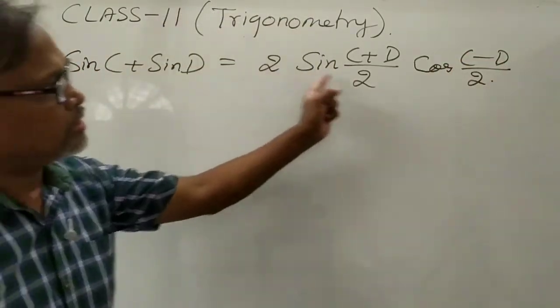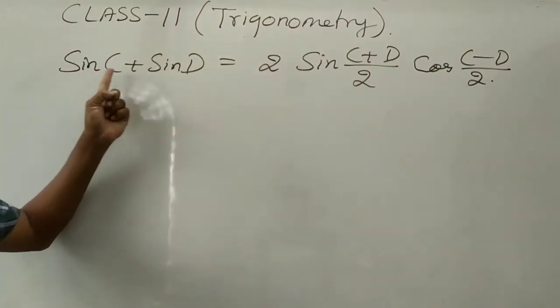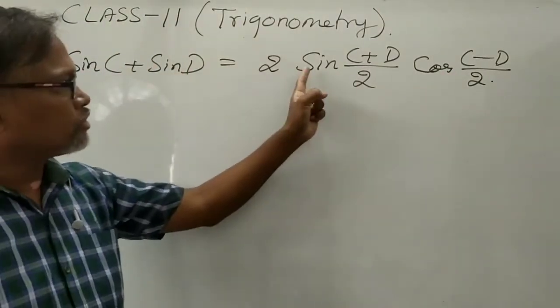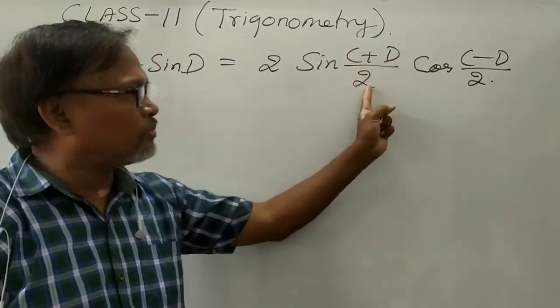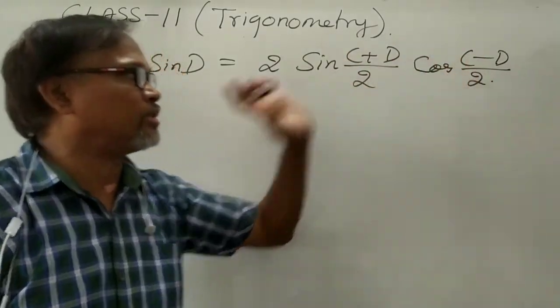This is the formula. Meaning if you have sin C plus sin D then you will have sin((C plus D) by 2) cos((C minus D) by 2).